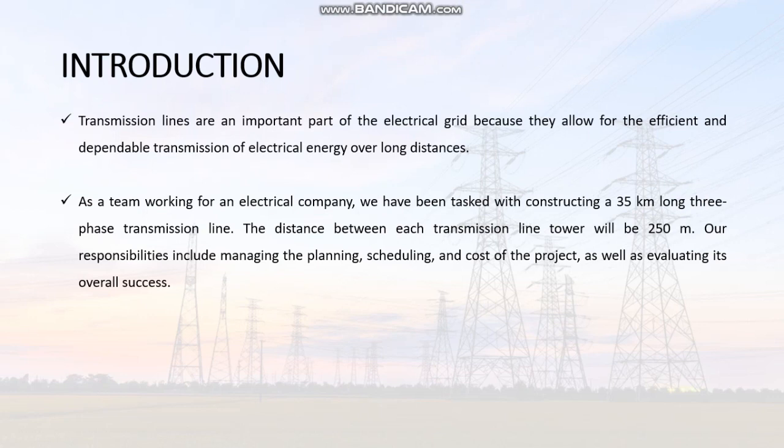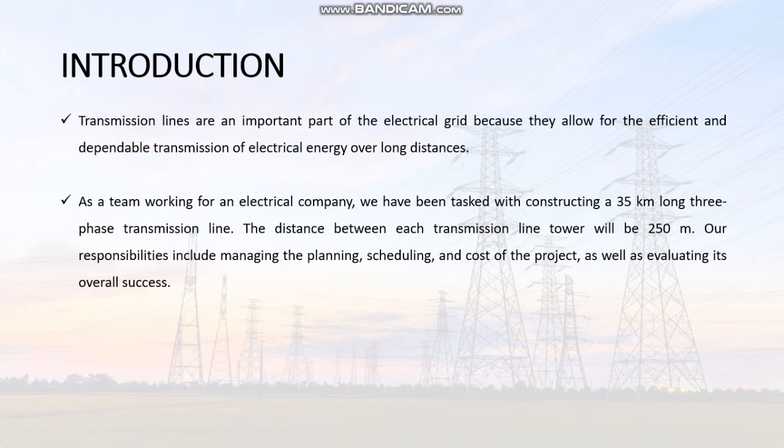As a team working for an electrical company, we have been tasked with constructing a 35-kilometer long three-phase transmission line. The distance between each transmission line tower will be in the 250-meter range.